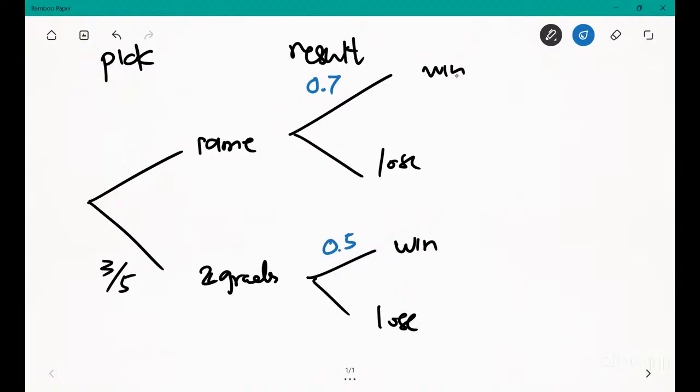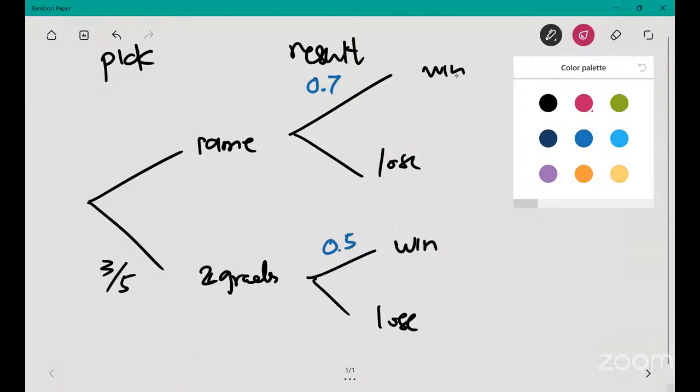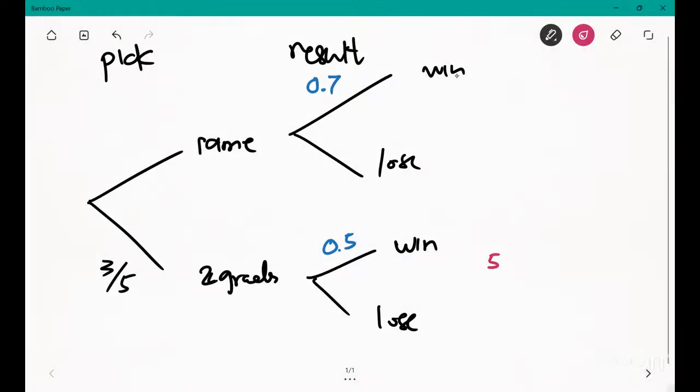So here 3/5 is the probability of getting two different grades, whereas the probability of getting the same grade is going to be 5 minus 3 over 5, giving us 2 over 5. So here it's going to be 2 over 5. And how you're going to find these two is the same.